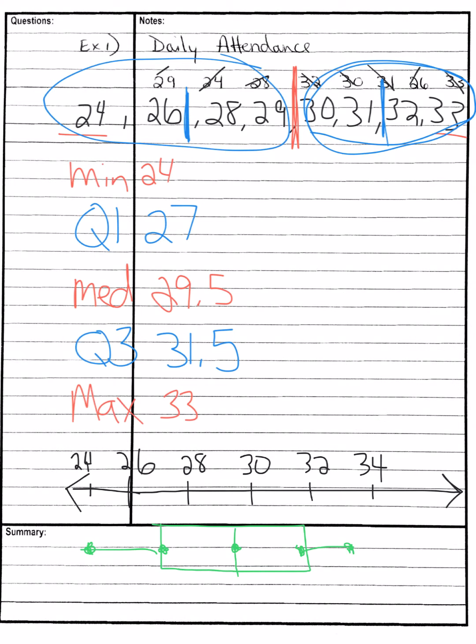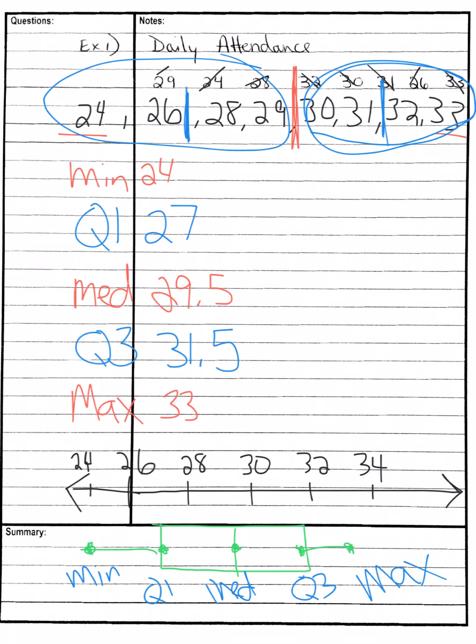If I were to label these for you, here's your min, here's your Q1, here's your median, or quartile 2, I'm sorry, here's your quartile 3, and here is your maximum value. You should be able to pick those pieces of information straight off of your box and whisker plot.